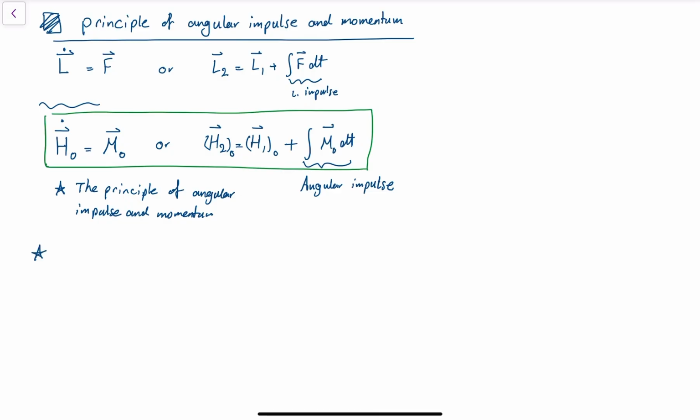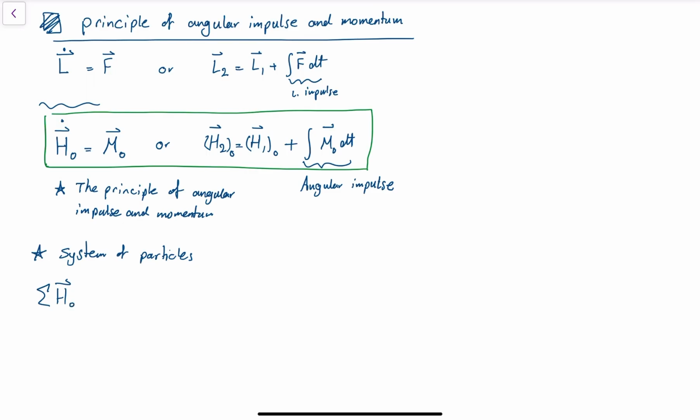Without again going into much detail, because the proof is fairly straightforward and similar to what we have done before, for a system of particles, again, because all the internal forces are collinear and they cancel out each other, we can do the same thing.